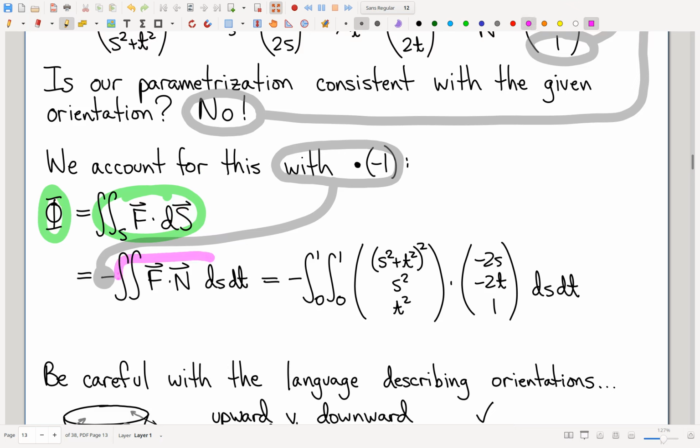But this integral right here, you see, the orientation is going to be wrapped up inside of this capital N. Capital N comes from the parameterization. This is not intrinsic to the surface. This, what I have in purple here, comes from the parameterization. So that's where the switch happens. All the integrals that follow come straight out.